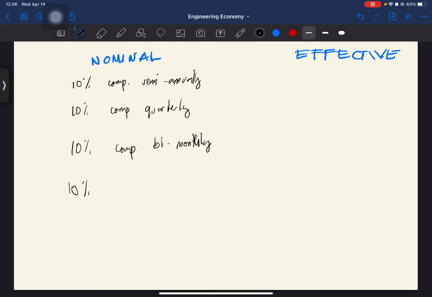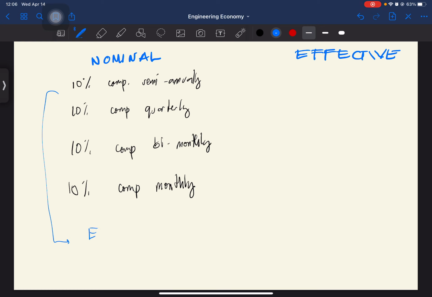And 10% compounded monthly. Okay. So, anong effective interest rate nila? If not 10%. Ganito kasi ibig sabihin nito.